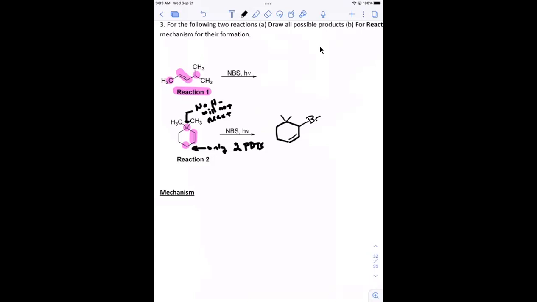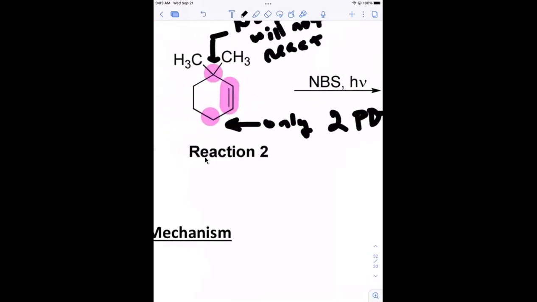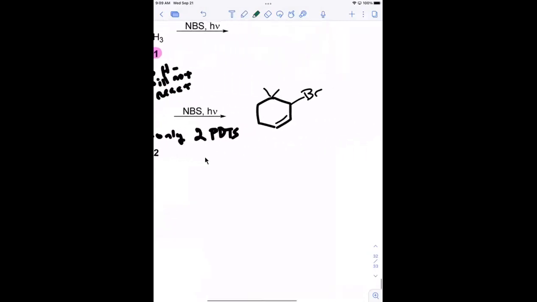Isn't this allylic bromination? Yes. So where's the allylic site? The allylic site is right here, we have it highlighted. I'm going to change colors. It's a different day. That's the original site. So what is that product going to look like? That's what I'm asking.